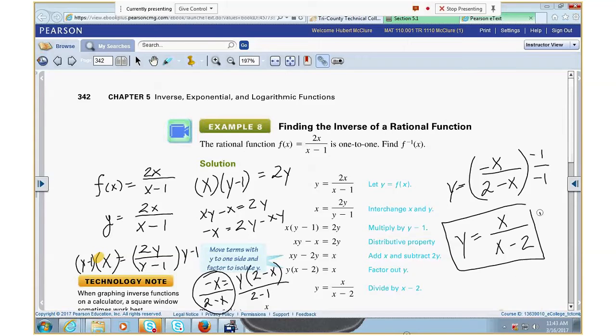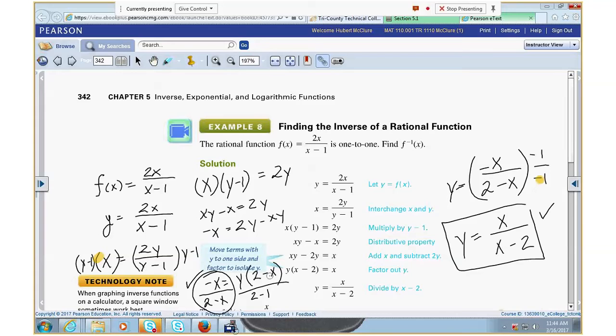So that's the answer, as well as this is the answer. Both of them are the same thing. Now, graph the function 2x over x minus 1, and then graph that function, and you should see the symmetry. And that's what you're doing in 5.1 and 5.2.